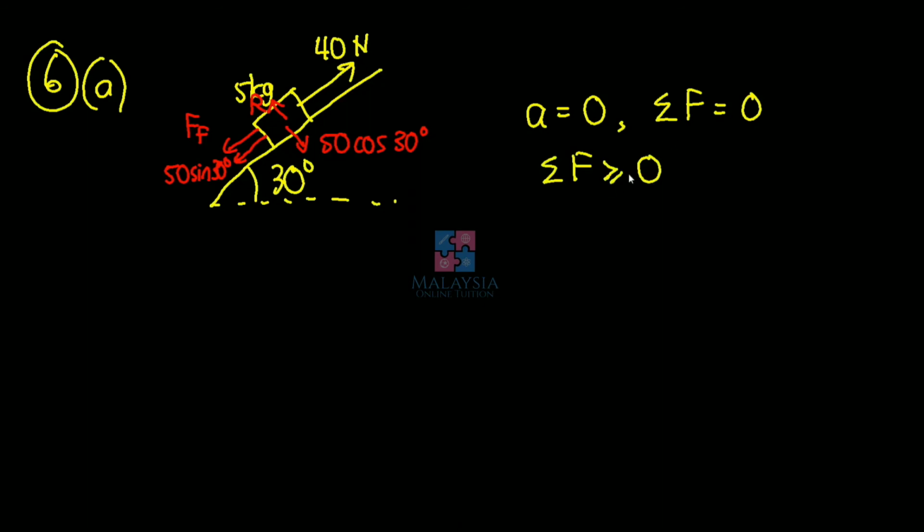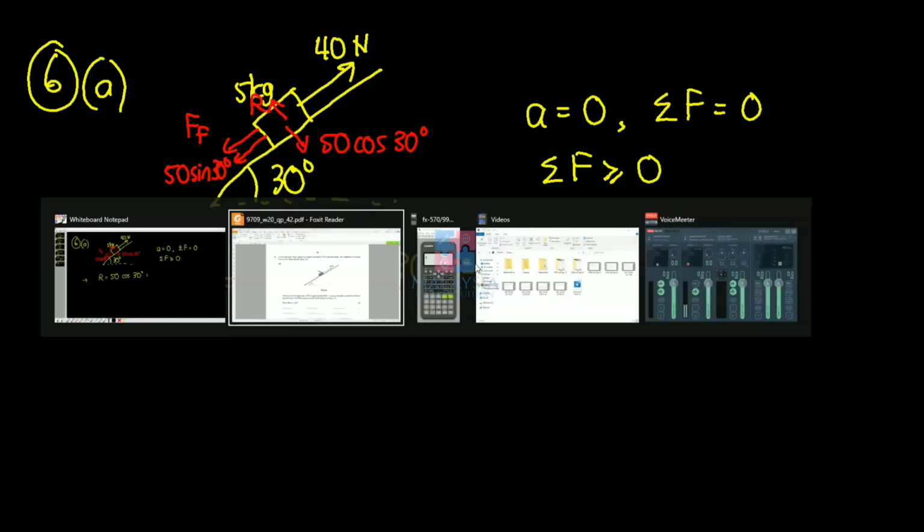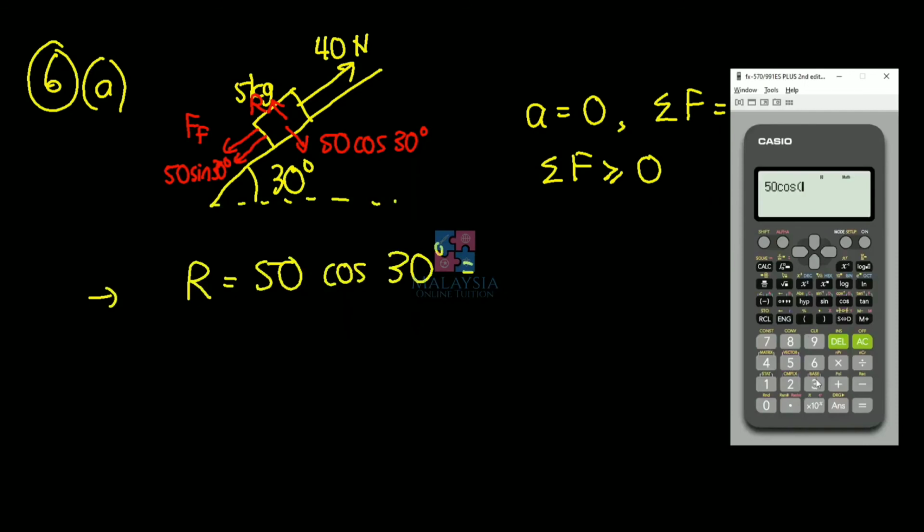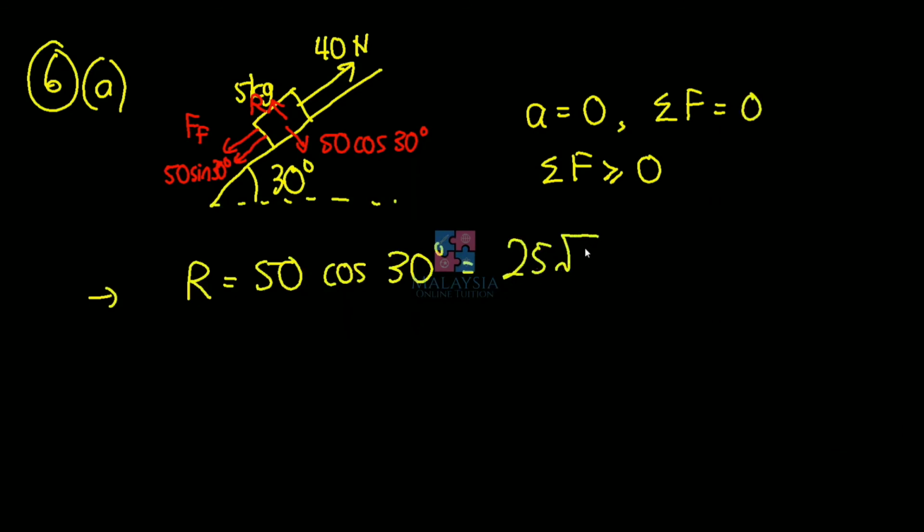So that's why we have to consider more than or equal to in this case. Now, for the component perpendicular to the plane, we will have R equal to 50 cos 30 degrees, and this will be equal to 25 root 3. We are going to use this when we are finding the frictional force later.